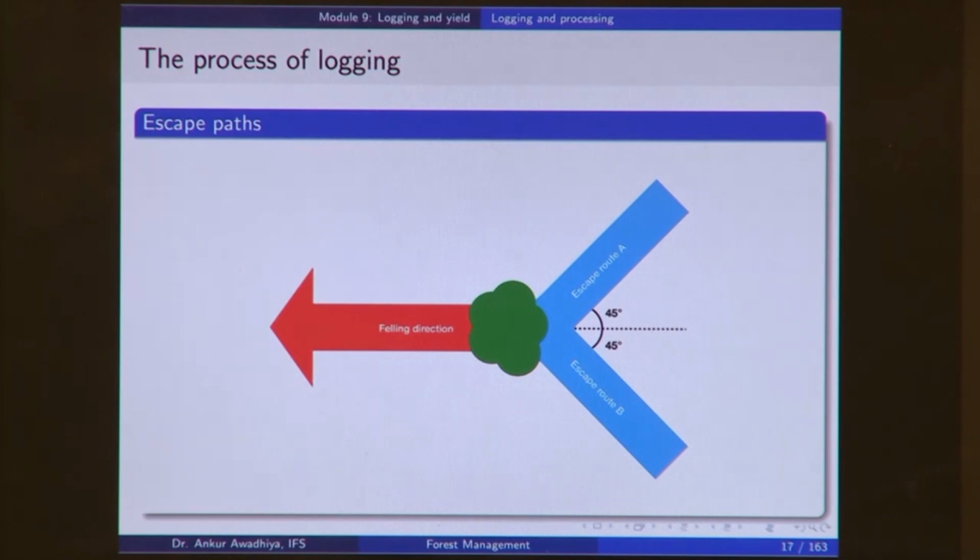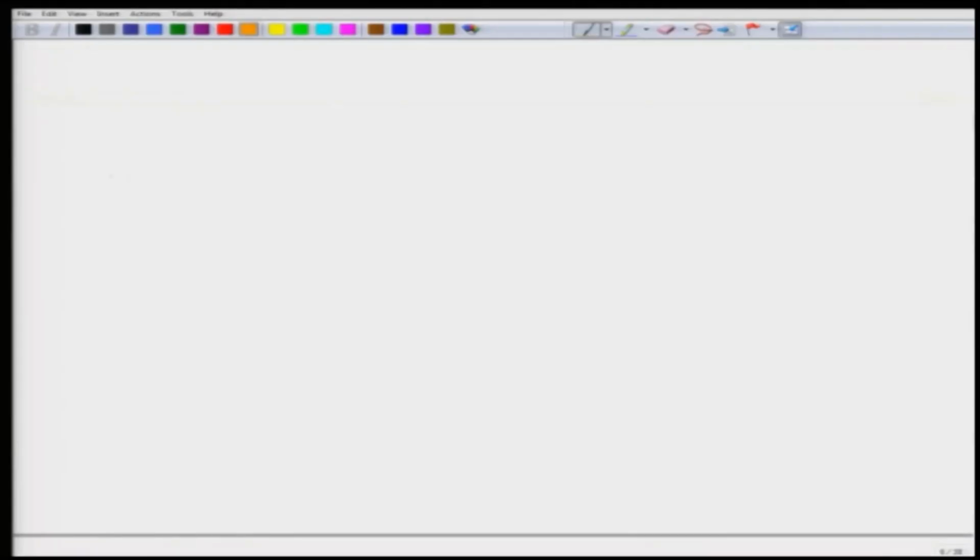Similarly, whenever any tree is being felled, the escape paths need to be decided from the beginning. Suppose you have a tree, here you have a sloping ground and there is a tree standing here, and you are trying to fell this tree.